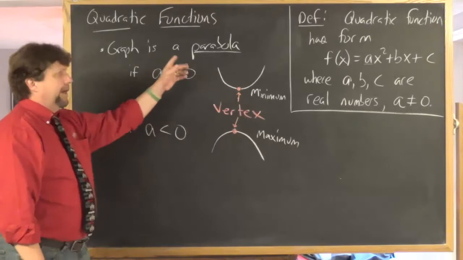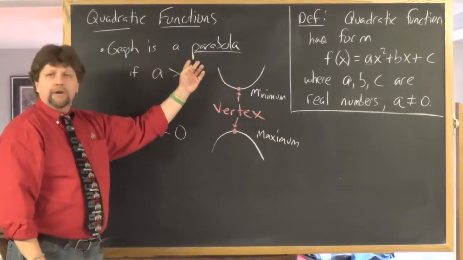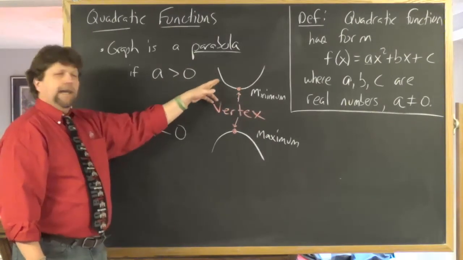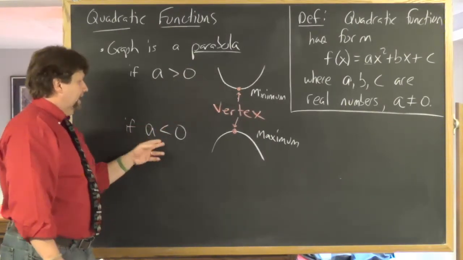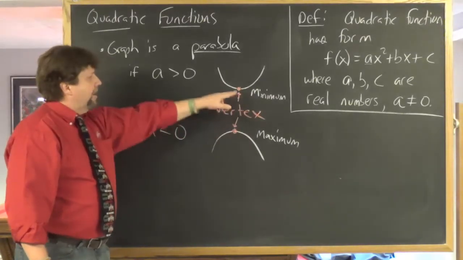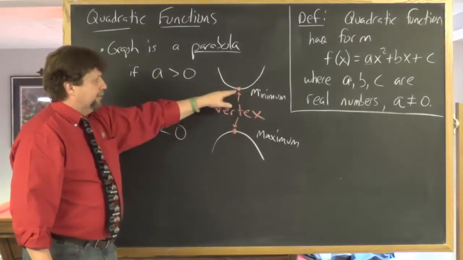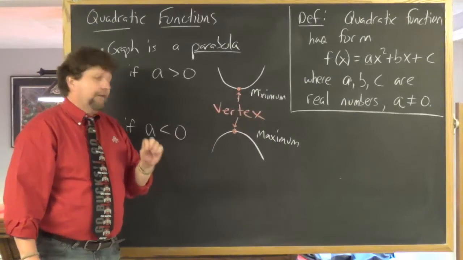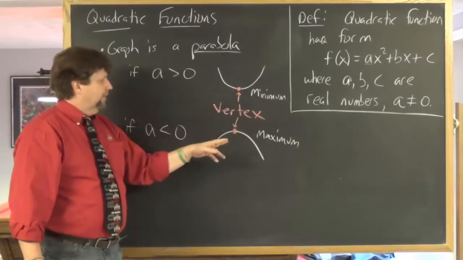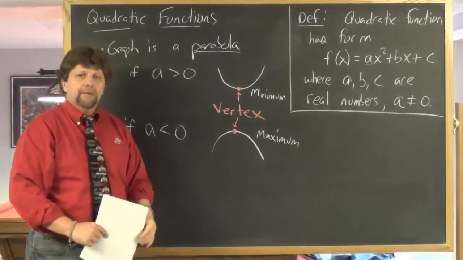Alright, so we now know the graph of a quadratic function is called a parabola. We know if a is greater than 0, it's a happy parabola. If a is less than 0, it's a negative number, it's a sad parabola. We've identified the really important point called the vertex, and that on a happy parabola it's a minimum, on a sad parabola it's a maximum.